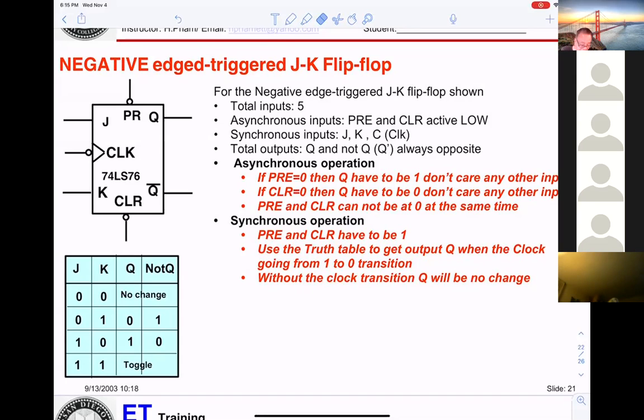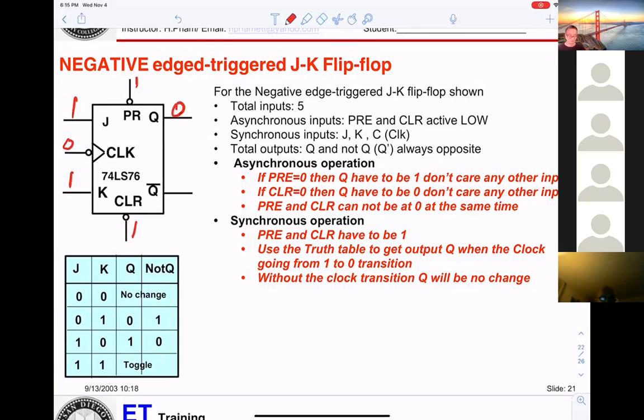Okay, so now if I get a 1 here, 1 here, 1 here, 1 here. If the clock equals 0, what is Q?